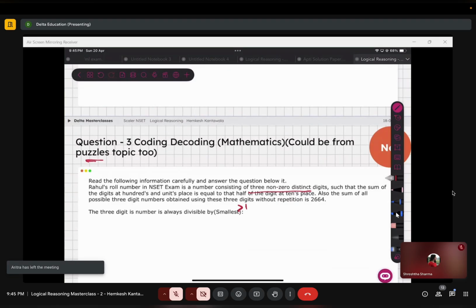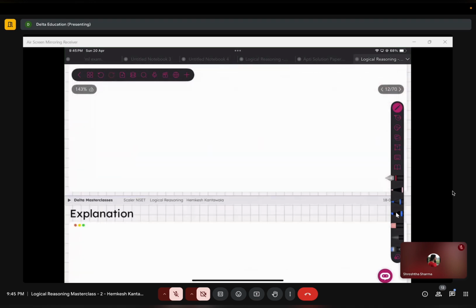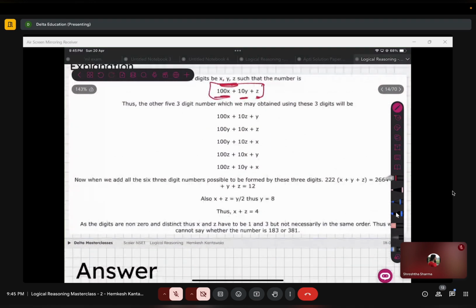All the digits are distinct, and the sum at hundreds place and units place is half of that at its tens place. This is the thing as given in the question.